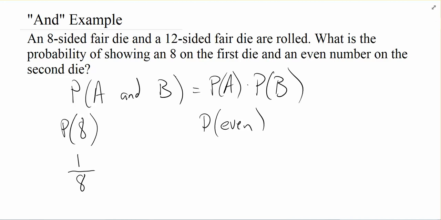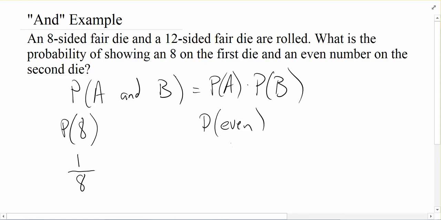But if we're rolling a 12-sided die, the probability of getting an even number, well, you can look at this in a couple ways. You could count up all the even numbers, 2, 4, 6, 8, 10, 12, and there's 6 of them. So you could think about it as 6 over 12. Or you could look at it in a much simpler way and say, well, there's an equal probability of getting an even number or an odd number.